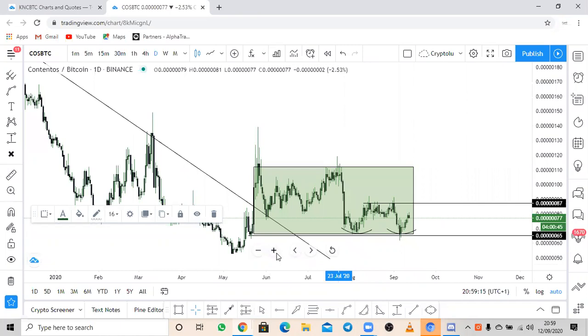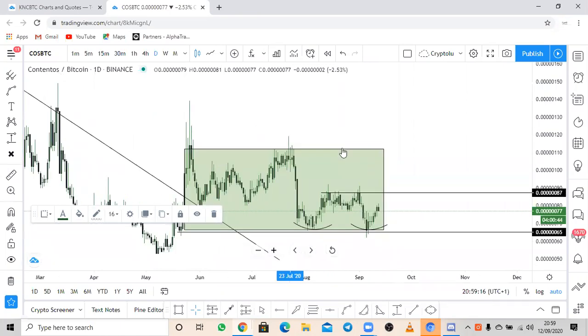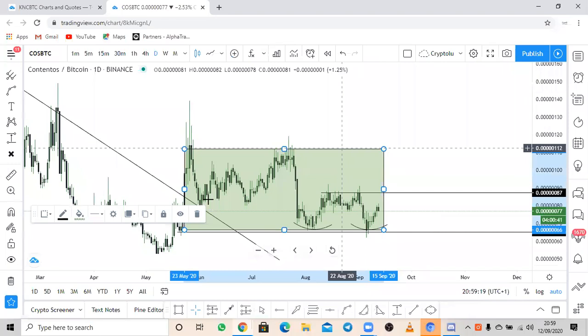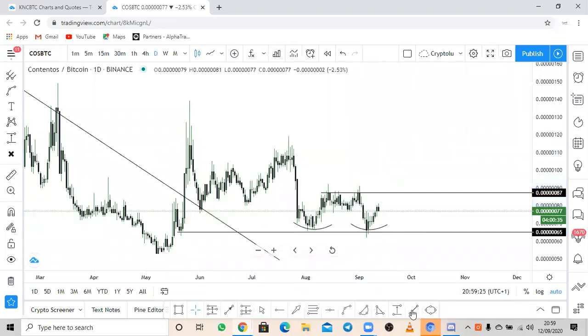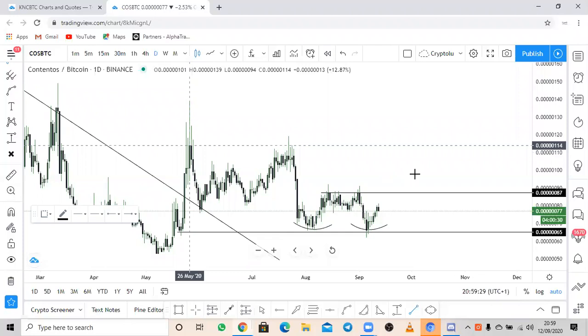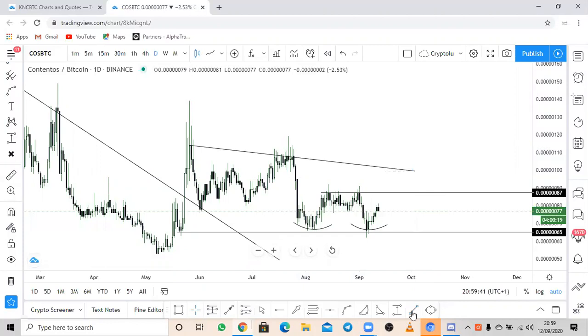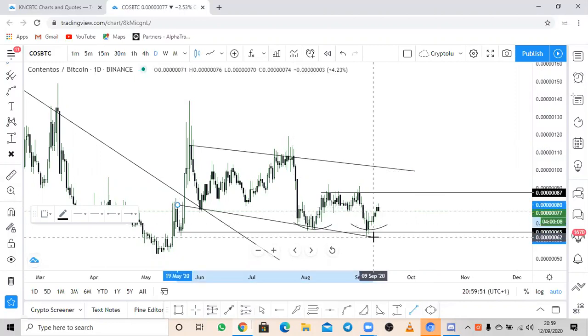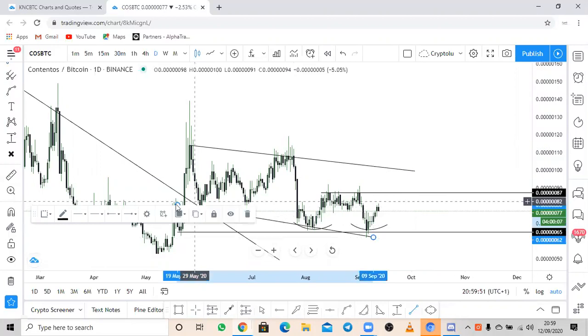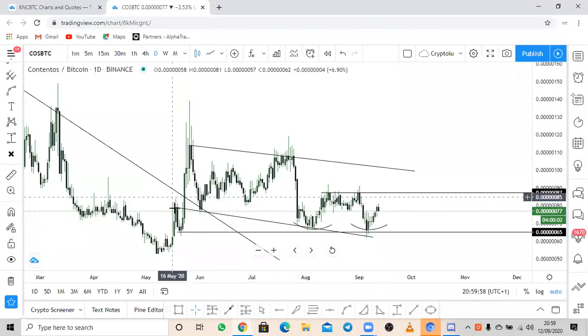price moving in a channel. So when you start drawing your trend line from this top here, from here again, way down, we have a channel here.